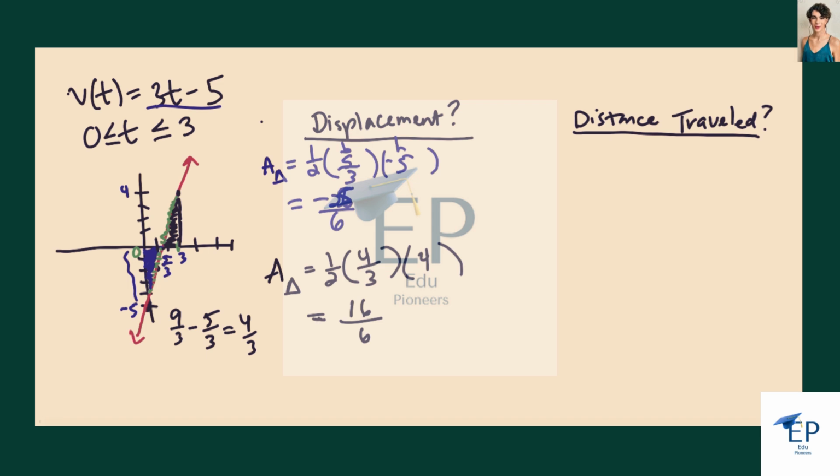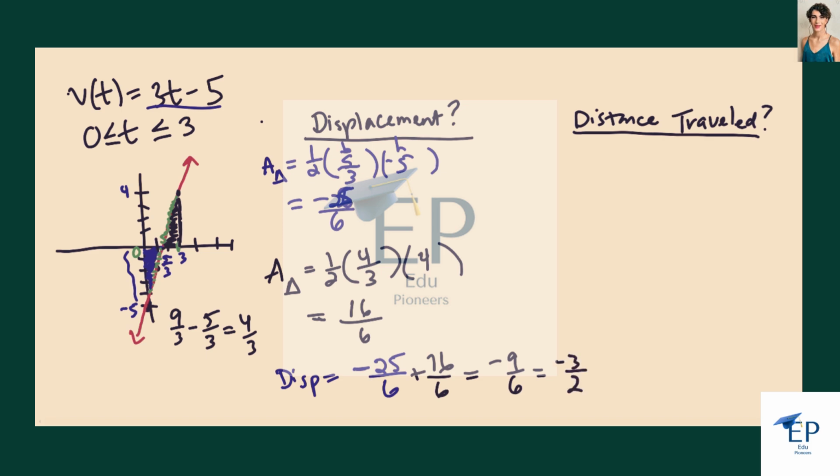So if we want to find the displacement, the particle traveled backwards, so it went negative 25 sixths, and then it went forwards 16 sixths. It didn't travel as far forward as it had backwards. So we're going to expect a negative answer because the particle never got back to its starting point. The difference between those is negative 9 sixths, which simplifies to negative 3/2.